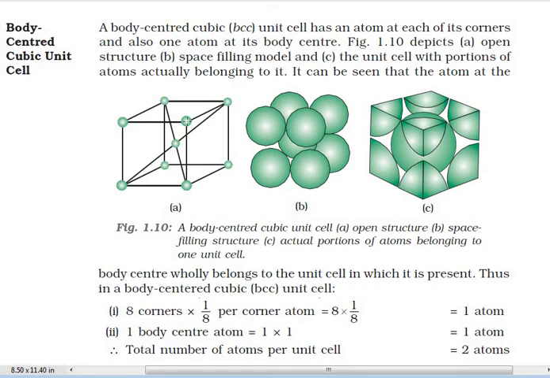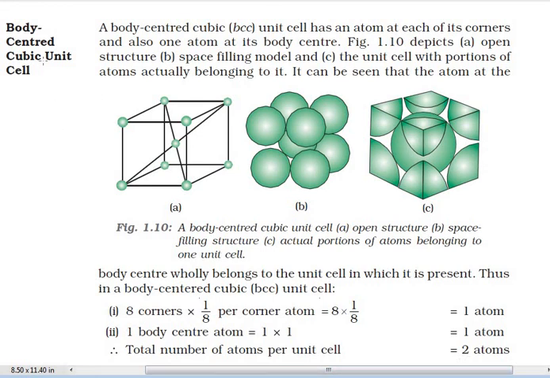But when you are talking about the atom which is present in the center of the body of the cubic cell, the contribution of that particular atom will be considered as 1 whole. It makes 8 corners into 1 by 8 contribution, so it becomes 1, and one body centered atom whole together it becomes 2.